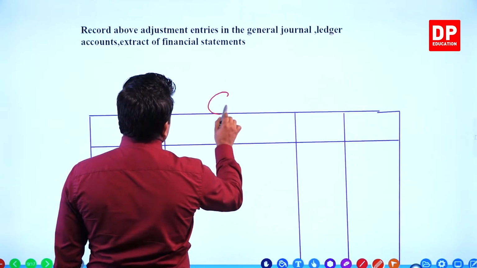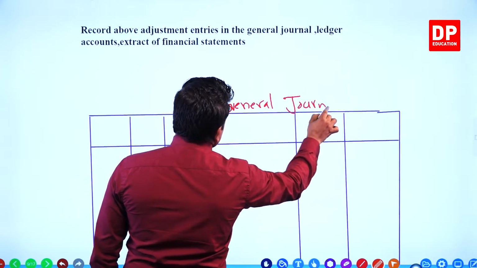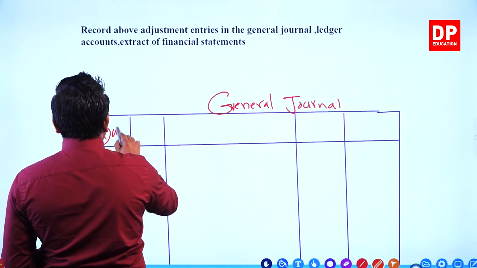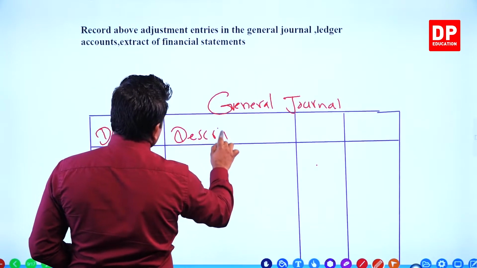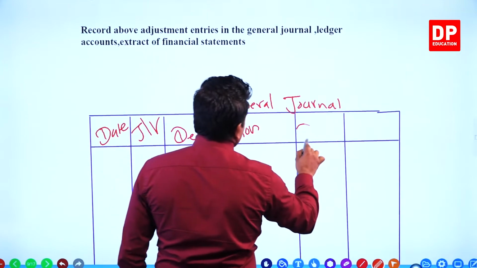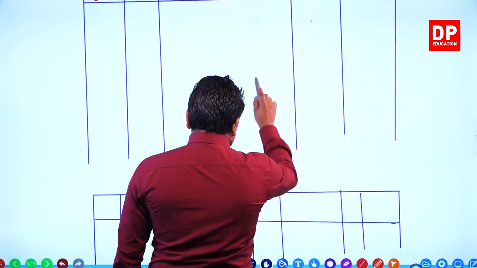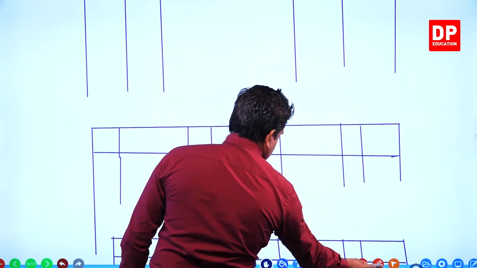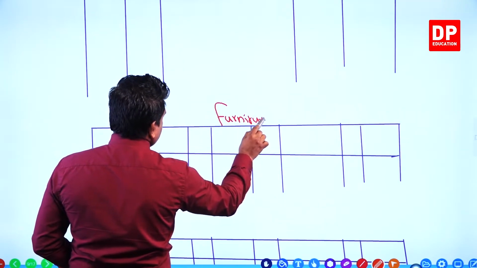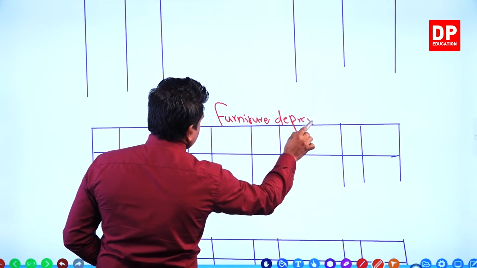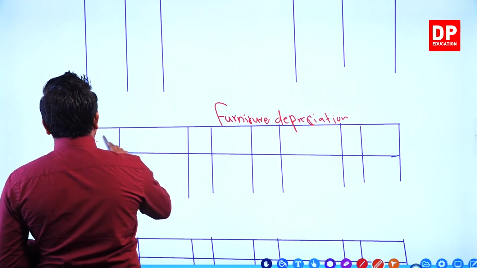General journal: date, journal voucher, description, debit and credit. First one is furniture depreciation.